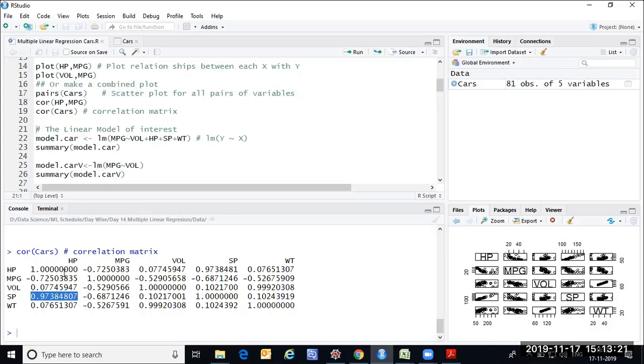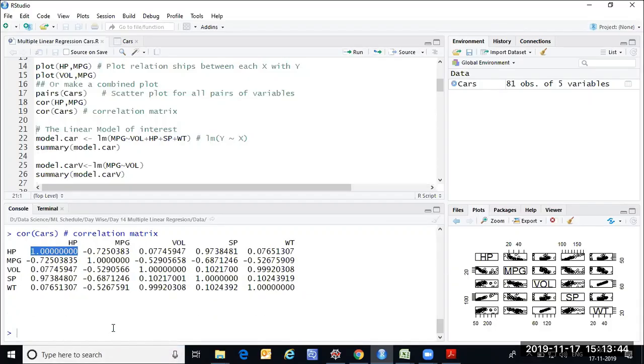How do you read this matrix, friends? In the diagonals, you have ones. How do you interpret this value 1? Perfect, strong relationship. But which variable has that level of relationship?